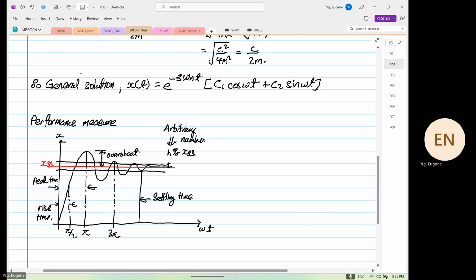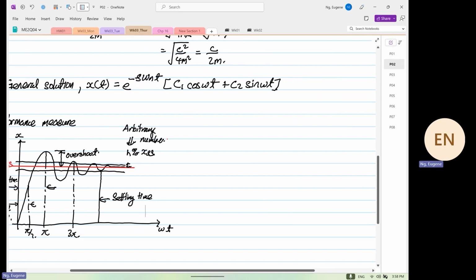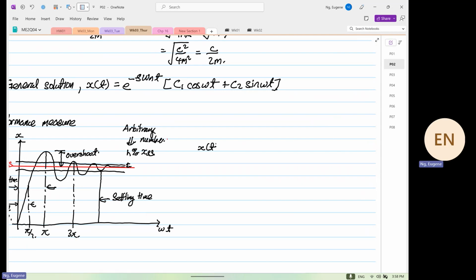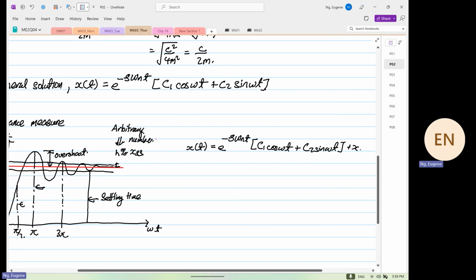Okay. So from here, the general expression is x as a function of time. This will be equal to e to the minus zeta omega_n t, bracket C1 cos omega t plus C2 sine omega t, and this is plus x_ss.